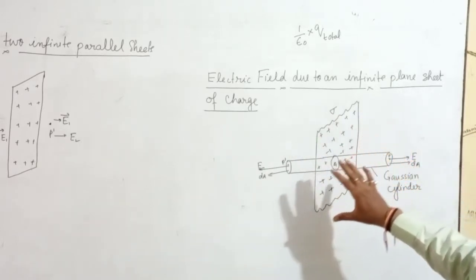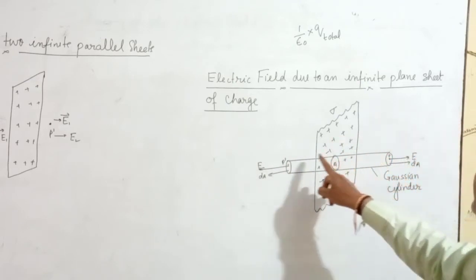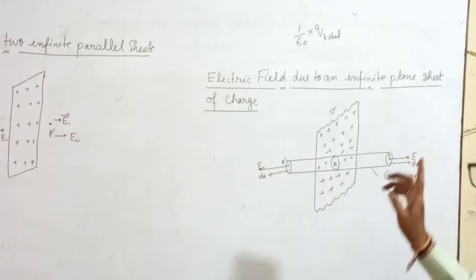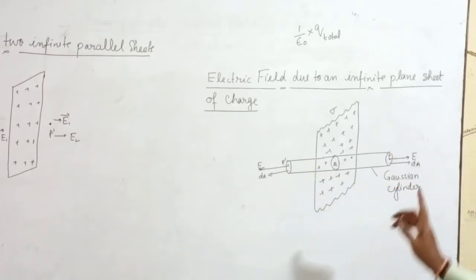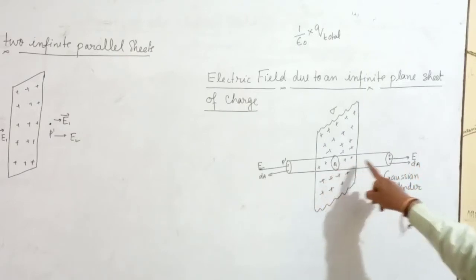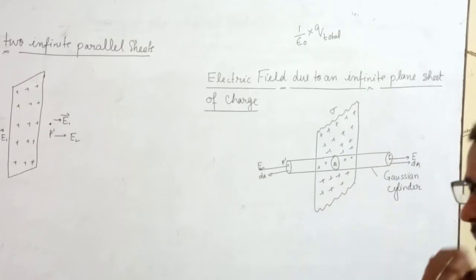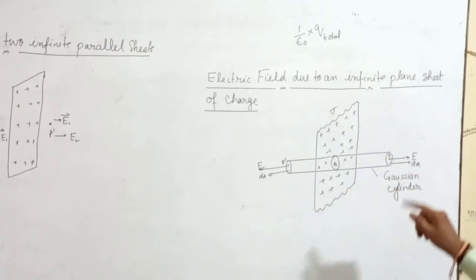Due to this sheet, you want to find out the electric field intensity. So you take a Gaussian cylinder, a Gaussian surface in a cylindrical form. Here, the area of cross section is A.